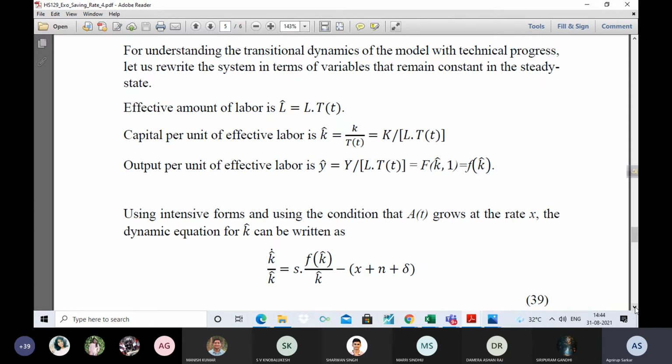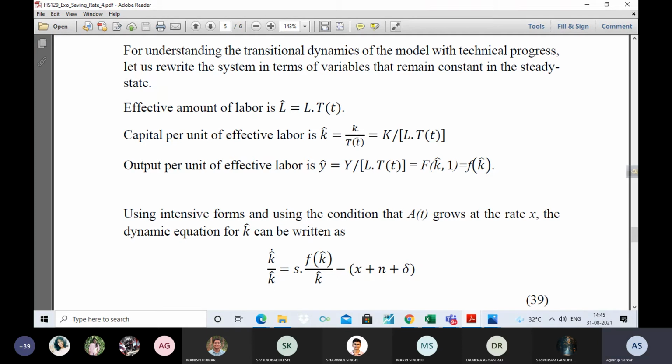So since small k, capital per worker, and T, that is the technological index, grow in the steady state at the same rate, we can work with the ratio of small k and T, right? This is the ratio of small k and T. And that is basically capital per unit of effective labor, right?